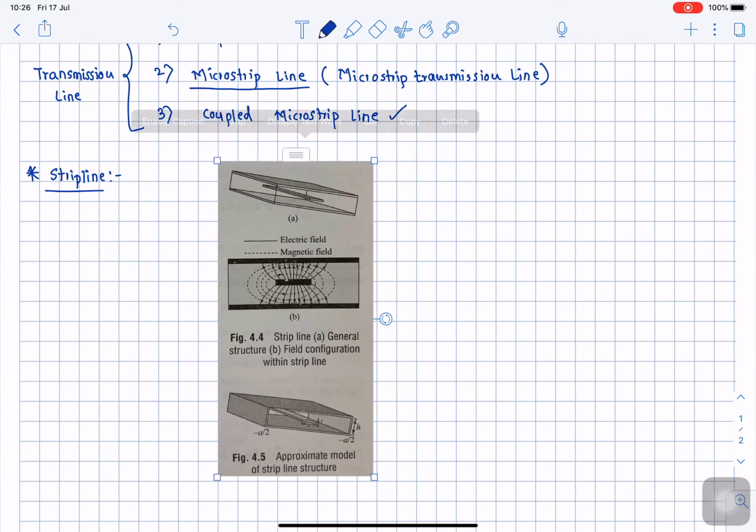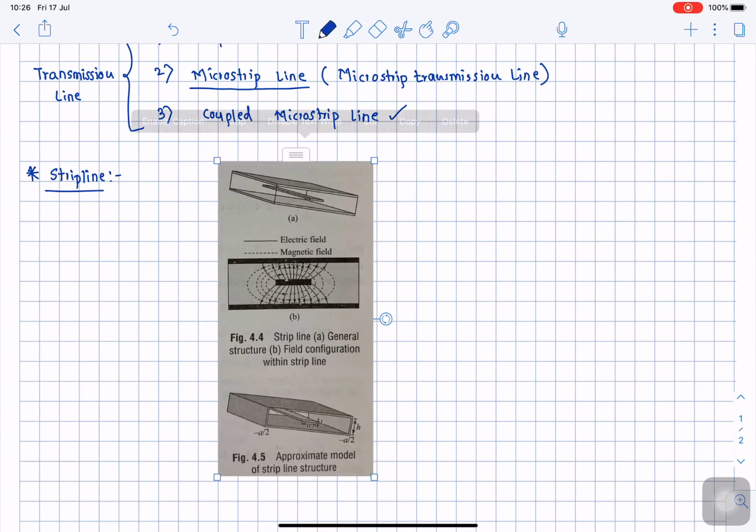Okay, so if these are the electric field lines, the magnetic field is then indicated as, so I will choose a green color. Okay, I will choose some different color so that I can represent it. So the magnetic field then surrounds the strip line conductor and the magnetic field will form a closed loop path in this way.